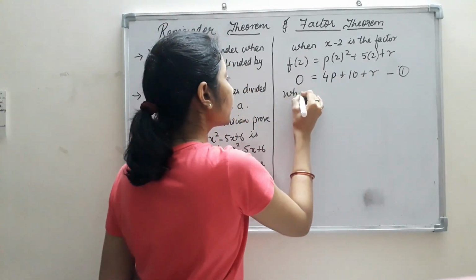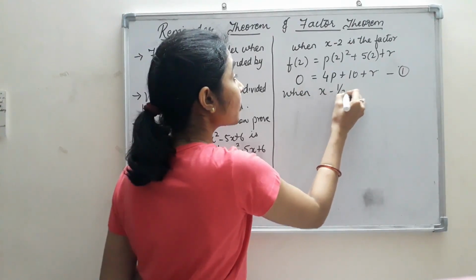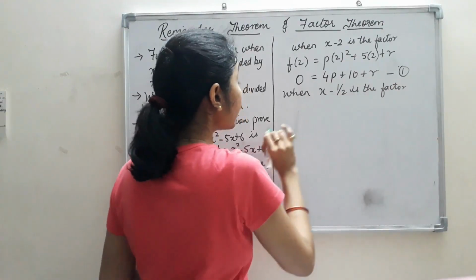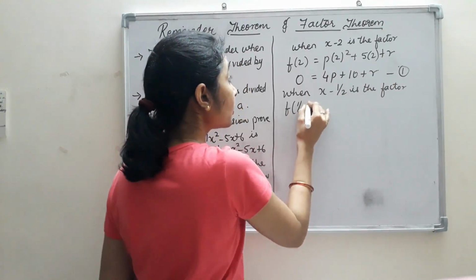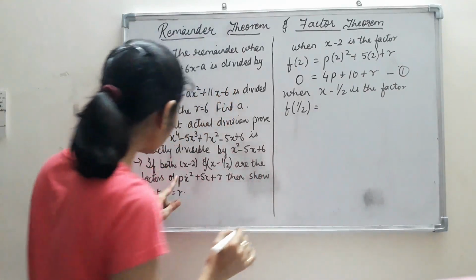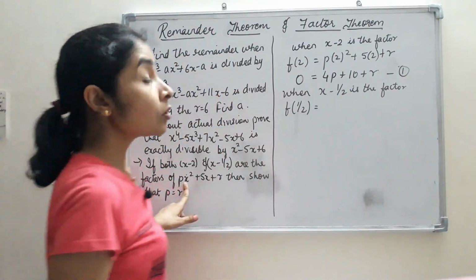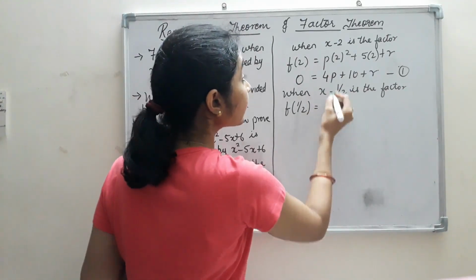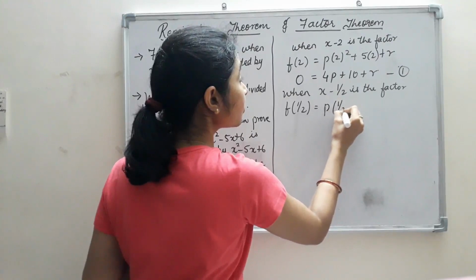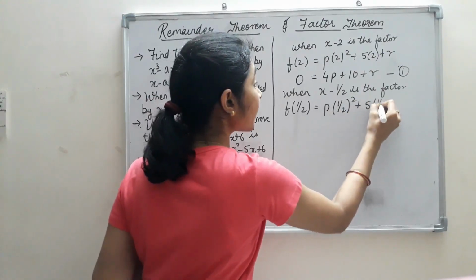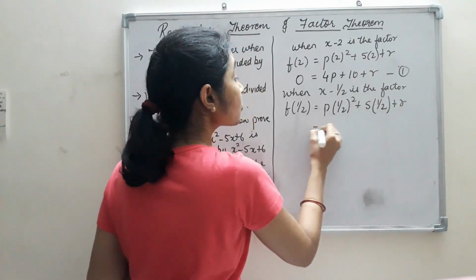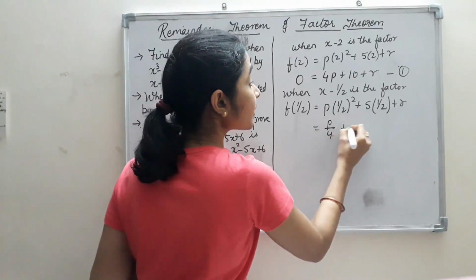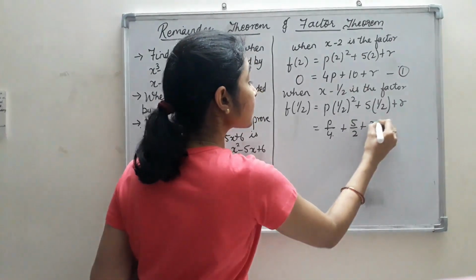Now when x minus 1 upon 2 is the factor, in that case f(1 upon 2) is equal to, again I will substitute the value of x as 1 upon 2 there. Okay, so taking it as 1 upon 2, what do I get? p into 1 upon 2 square plus 5 into 1 upon 2 plus r. So 1 upon 2 into 1 upon 2, I get p upon 4 plus 5 upon 2 plus r.